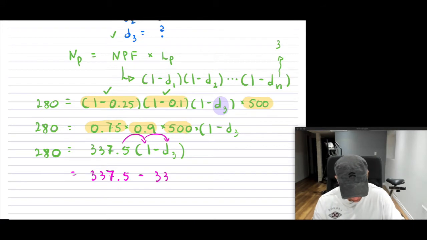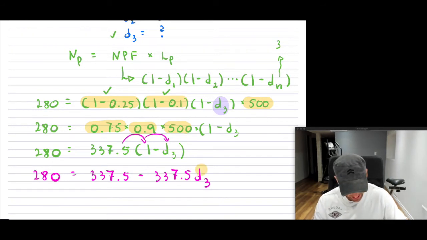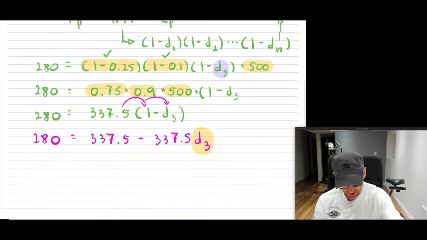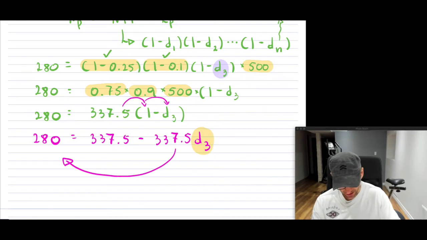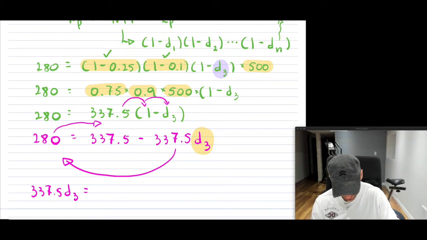Again, now it's just a matter of solving for D3. So let me take this term right here, bring it over to this side, and take this term, bring it over to this side. I just want to solve for D3. If I do that, I'm going to get 337.5 D3 equals 337.5 minus 280.